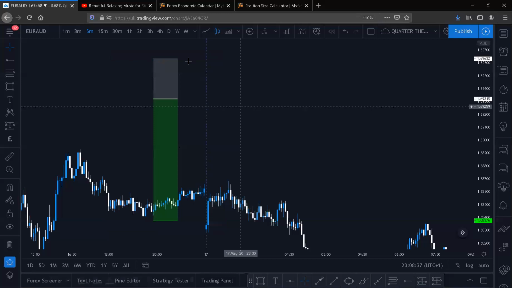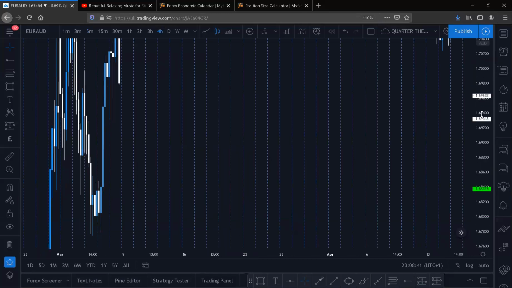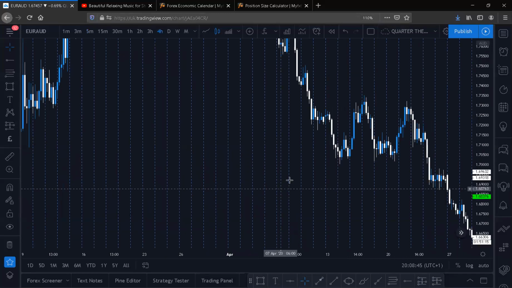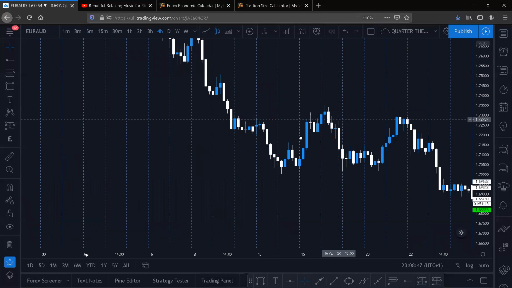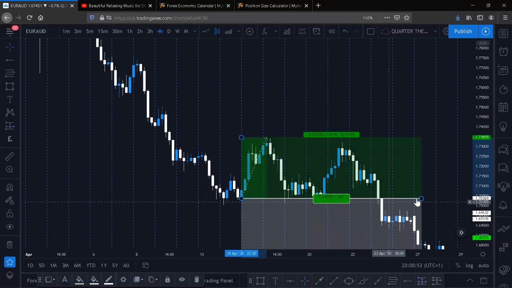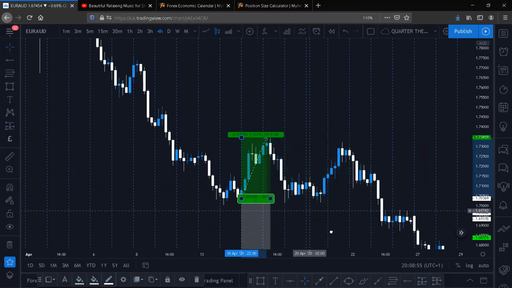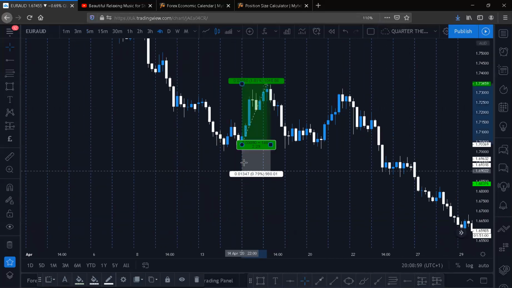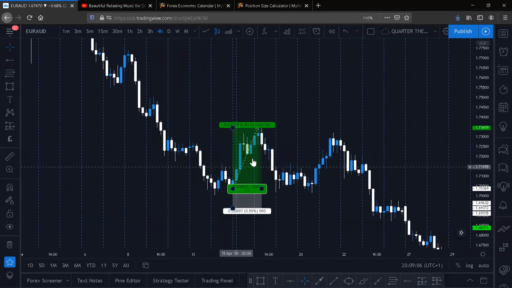Now, on the higher time frames, like the 4-hour, for example, we throw on this risk to reward ratio here. Let's pretend we want to go in for a buy here. Just come down a little bit. So a 3 is a 3-to-1.